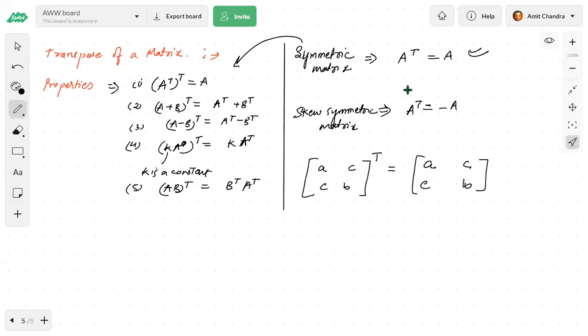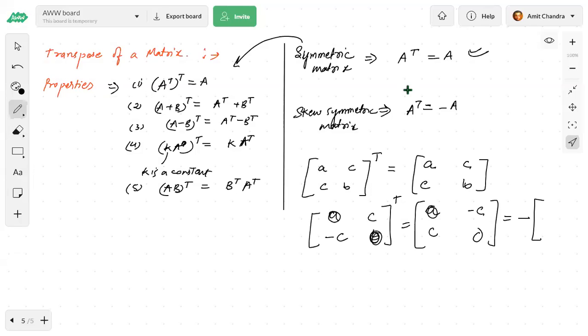For a skew symmetric matrix, these diagonal elements will be 0, and the off-diagonal elements are C and minus C. If I take minus common, this will be 0, minus C, C, and 0, right?